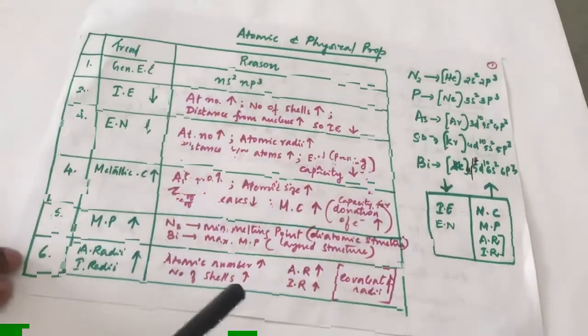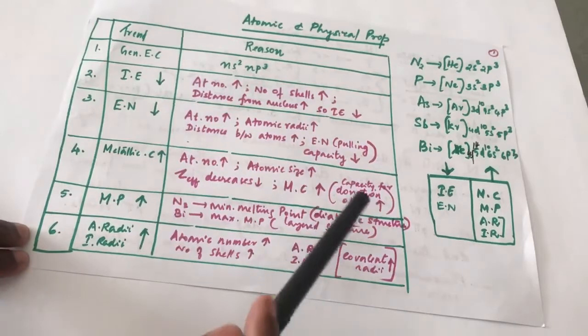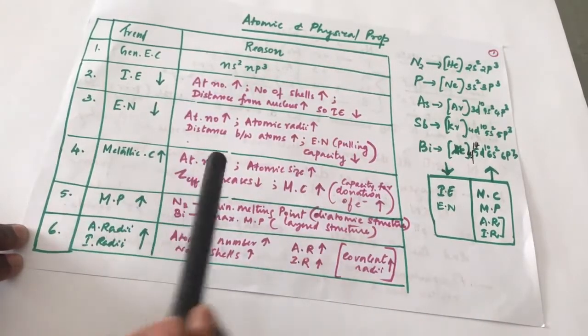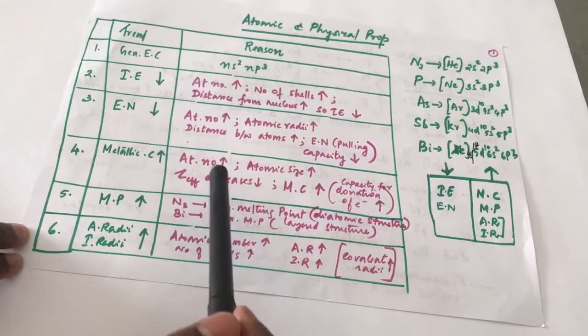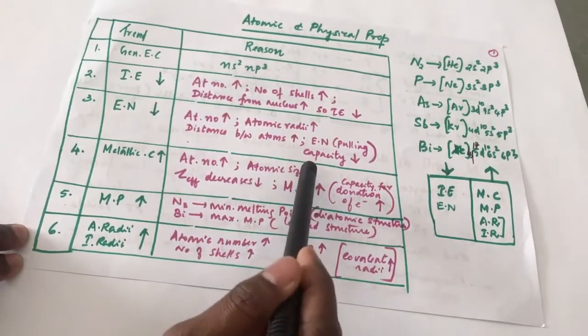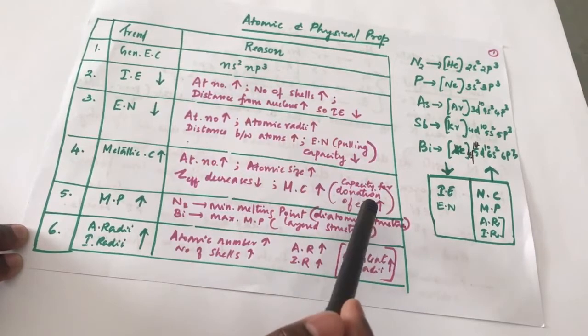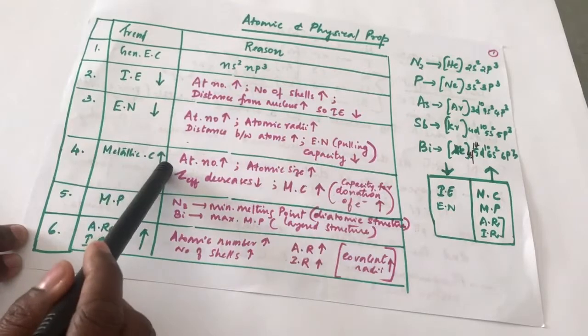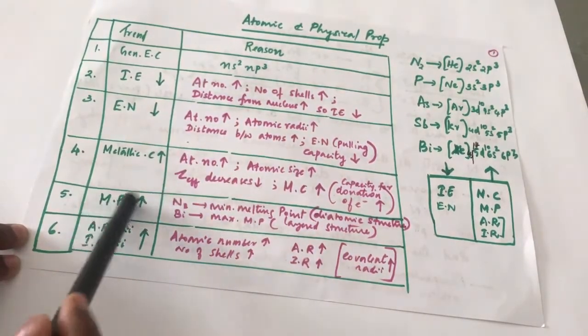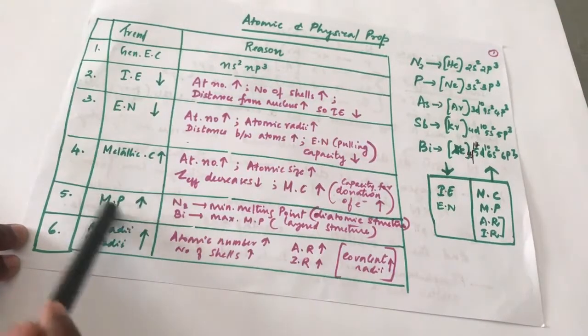The same thing is applied here also. As you can see here, the Z effective decreases and the metallic character goes up, or the capacity to donate electrons increases. So as we move down the group, the metallic character increases. I hope you understood.